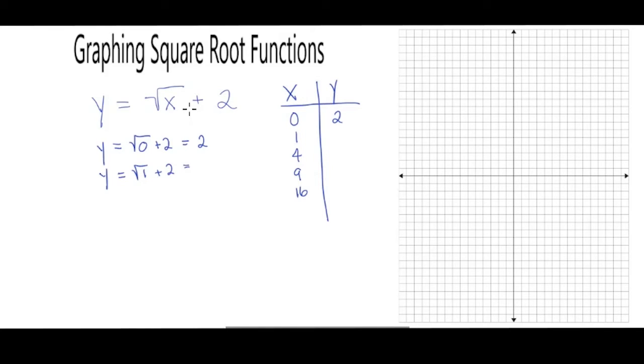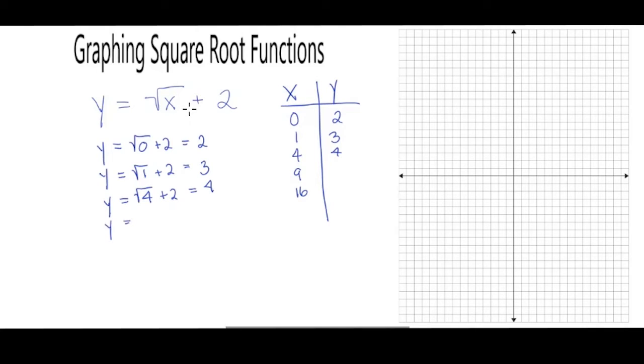The square root of 1 is 1, plus 2 is 3. So when x is 1, y is 3. And y is equal to the square root of 4 plus 2. The square root of 4 is 2, plus 2 is 4. So we have 2, 3, 4.